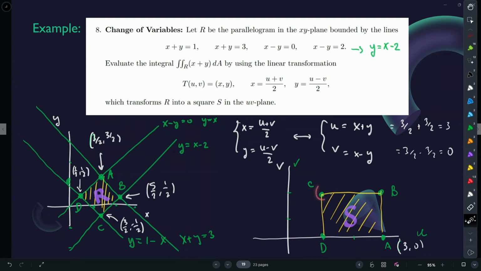How did you get those two original choices? How did I get these points? Or these points? These ones? Yeah. So for example, if you want to figure out what this point A is, it is the intersection of the line y equals x and the line x plus y equals 3.